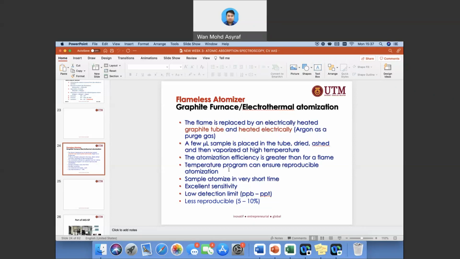For graphite furnace, you just put your sample in and it does all of the processes at the same time. Excellent sensitivity, low detection limit up to ppt, part per trillion, and less reproducible. So this is graphite furnace. You need to be able to differentiate between flame AAS and graphite furnace AAS.